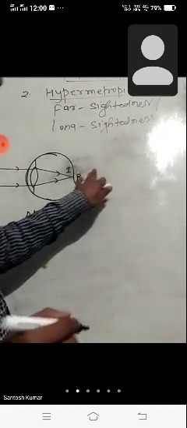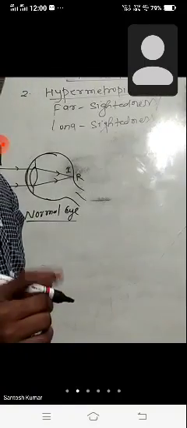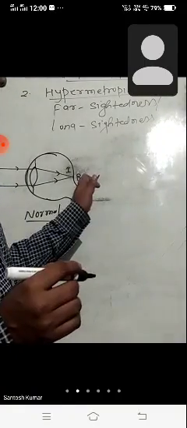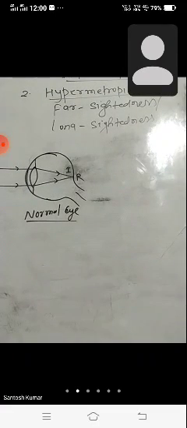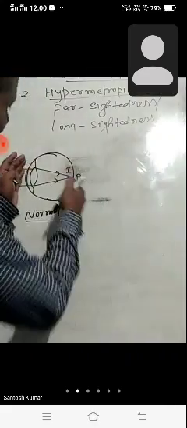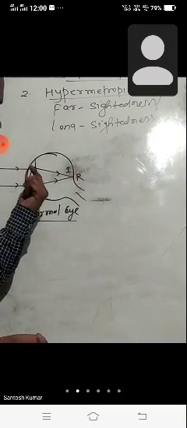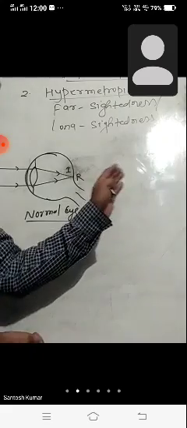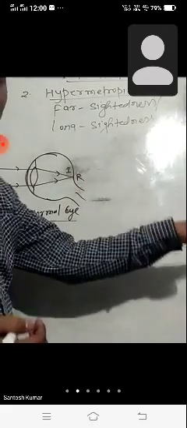Second, the defect that occurs in the form of hypermetropia. What has occurred in that case? The size of the eyeball has decreased. When this size decreases, the retina will move forward in this way and the image will remain outside. So the image will be formed behind the retina.